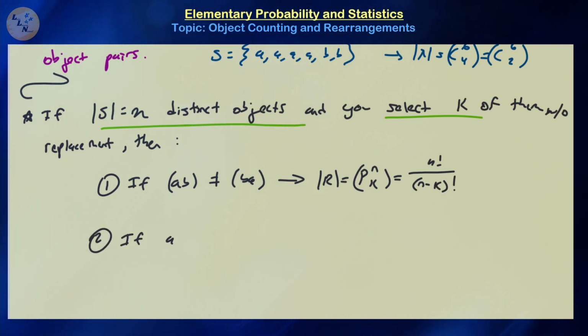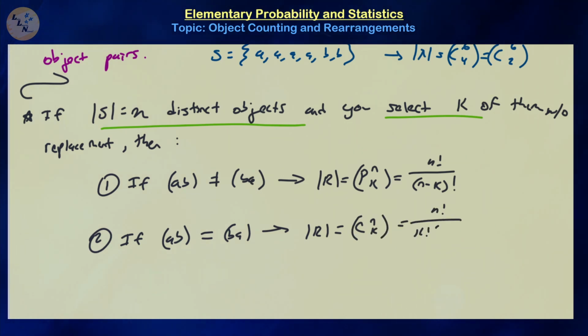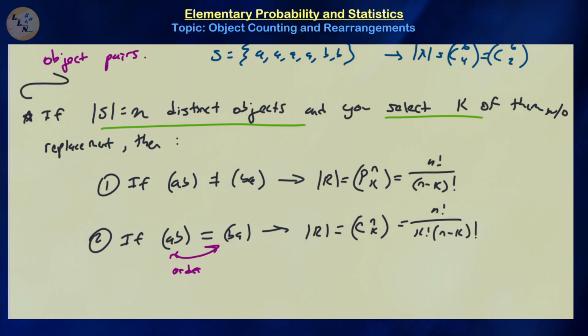But if you treat these as the same, because they have the same letters, then the number of rearrangements is equal to C(n,k), which is again n factorial over k factorial times (n minus k) factorial, right?